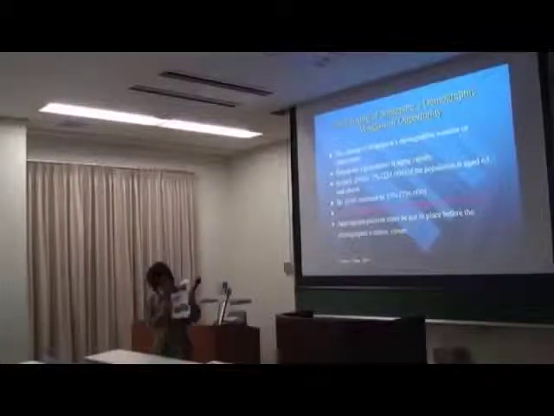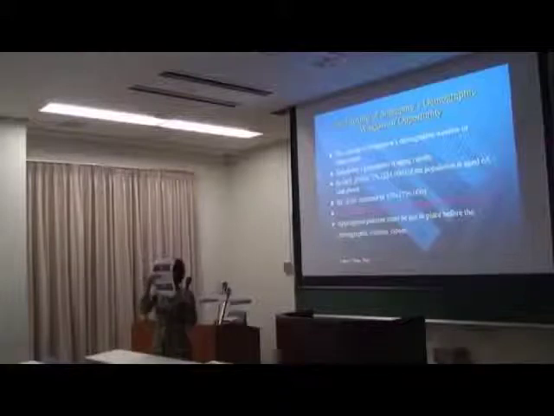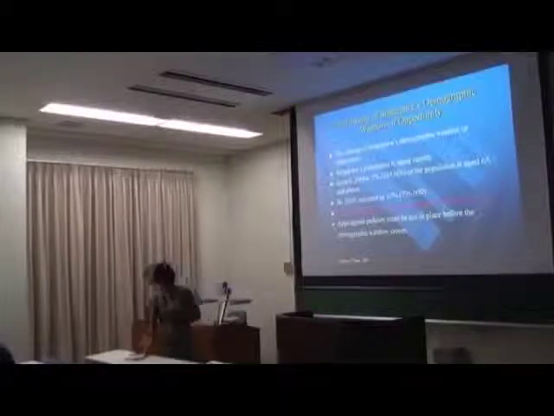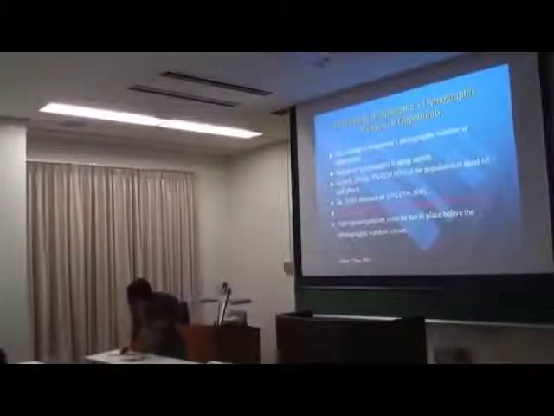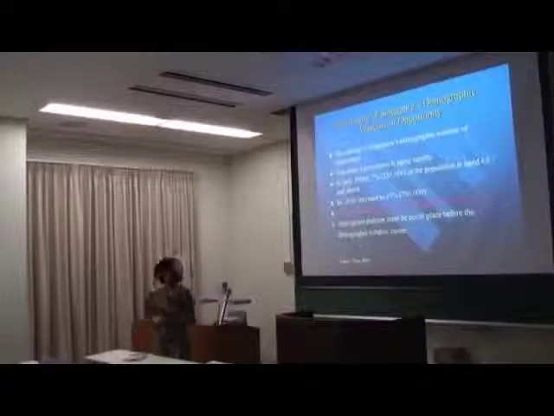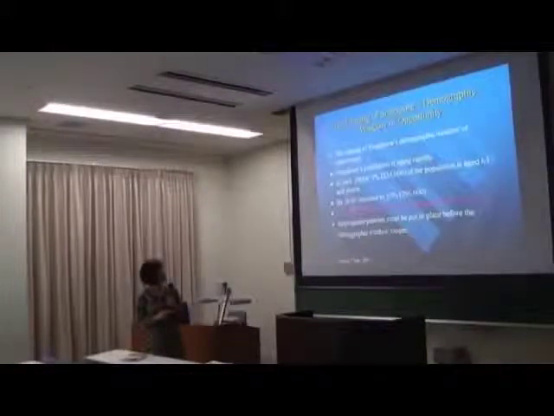Page 3, this one. Okay. The demographic window in Singapore would end by around 2040. So you would expect that by 2040, the aging population would be more than 19% of the population, right?